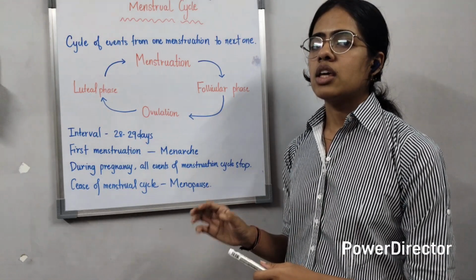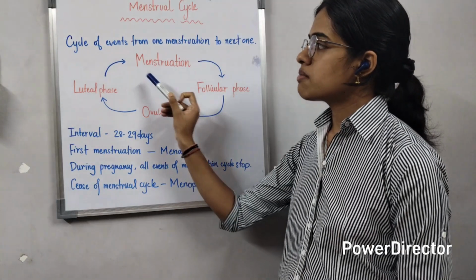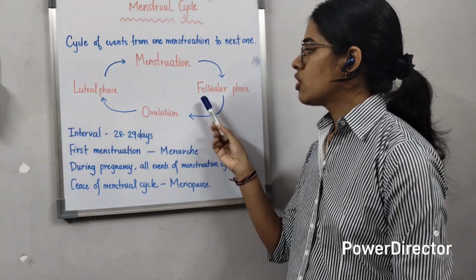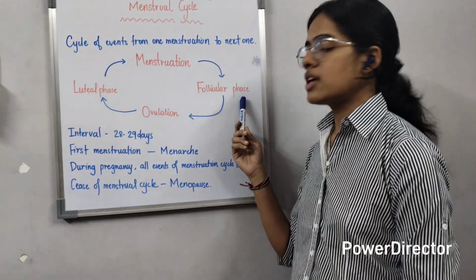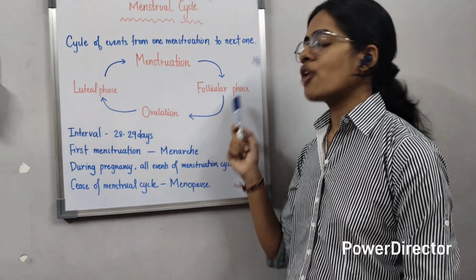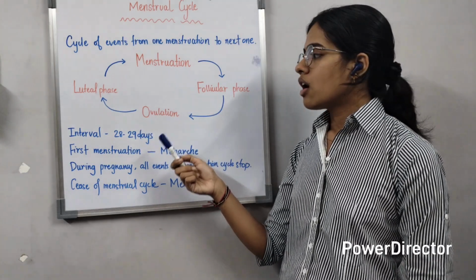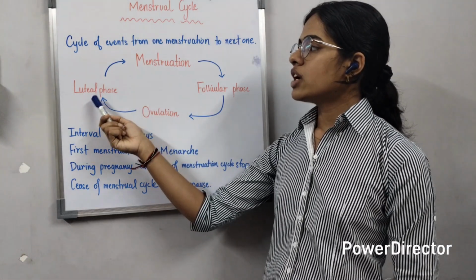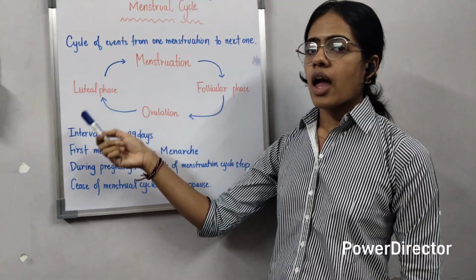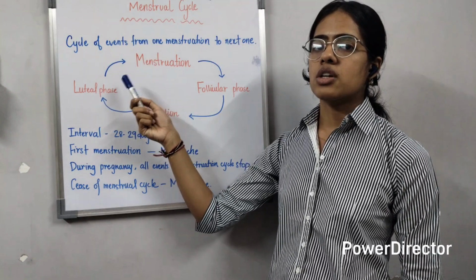The main events that occur in a menstrual cycle: first is menstruation, then after menstruation, there is the follicular phase. After the follicular phase, ovulation occurs, which leads to the luteal phase, and the luteal phase eventually leads to menstruation again.